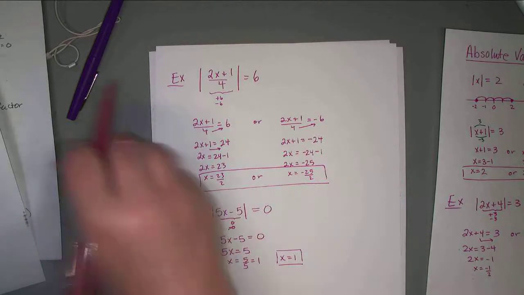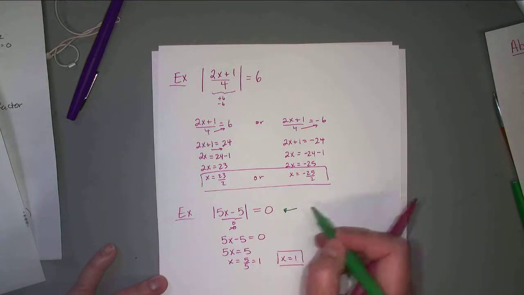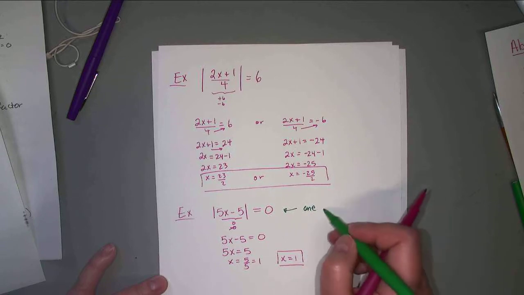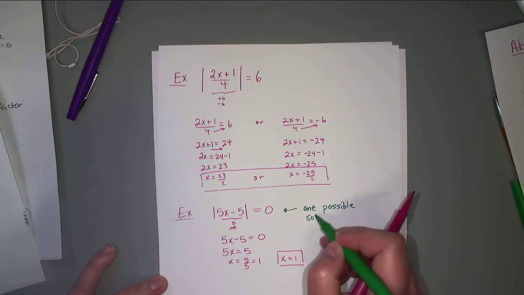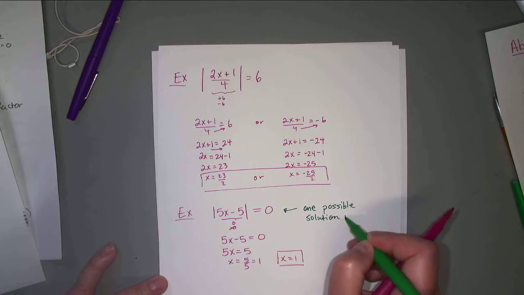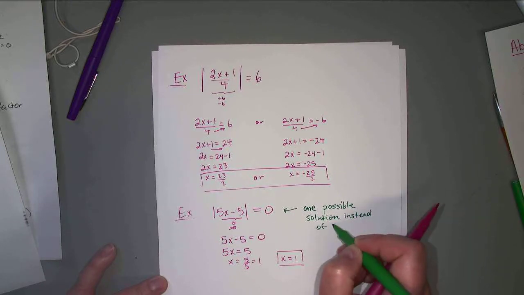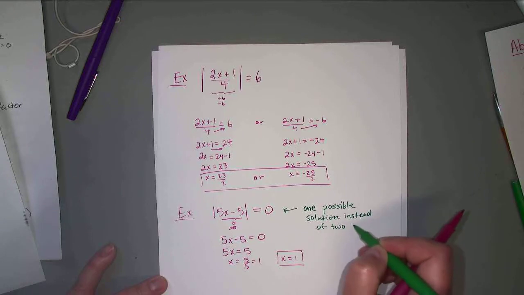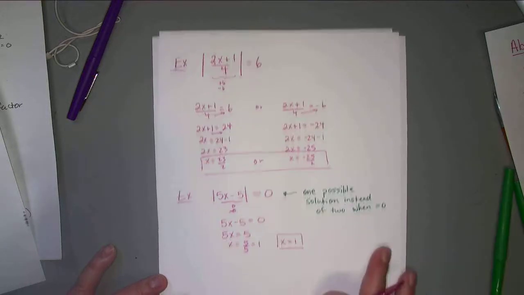So when it's equal to 0, we only have one answer instead of two. Okay, so when it's equal to 0, that's what happens.